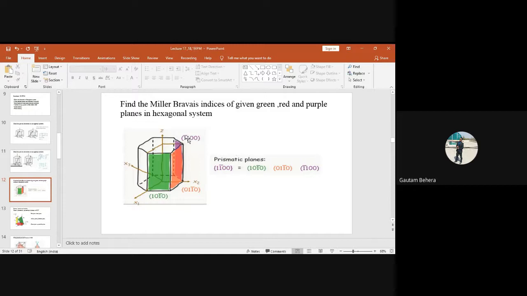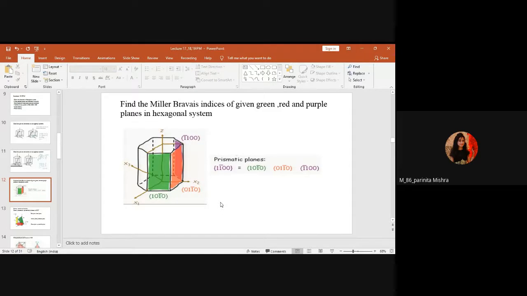Similarly, this purple plane is parallel to x3, so it will be 0, obviously. And it is also parallel to z, so again 0. So this will be 1 bar, 1, 0, 0. I think it is clear up to this.